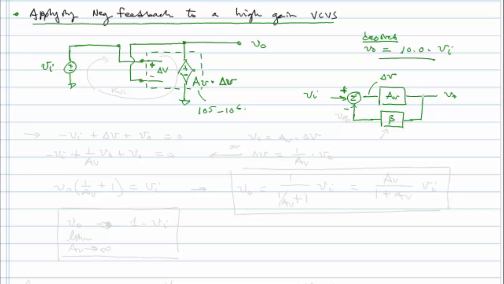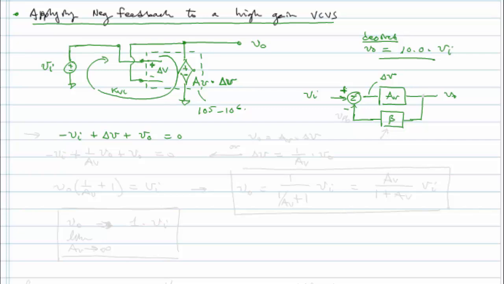Okay, and if we do KVL around this loop, right, so we kind of come back around like this, I can write this equation: minus VI plus, I follow it through, I enter the positive terminal of delta V, plus delta V plus VO is equal to 0.